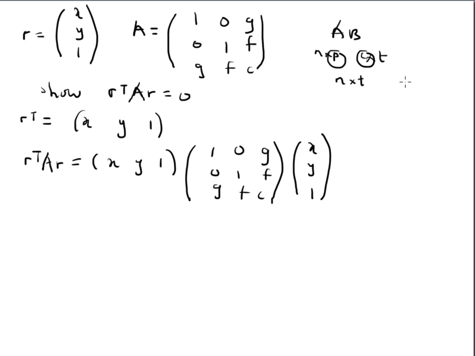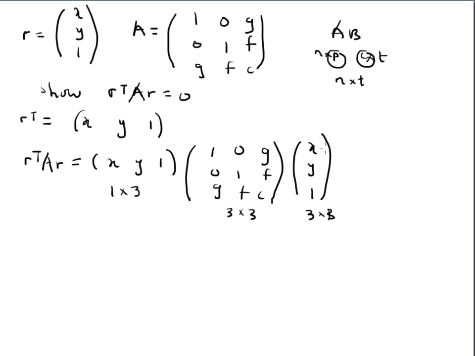We did this yesterday. Now this is a 1 by 3 matrix, this is a 3 by 3 matrix, and this is a 3 by 1 matrix. The column number of the first is equal to the row number of the second, so it means that we can multiply. Do you get it?